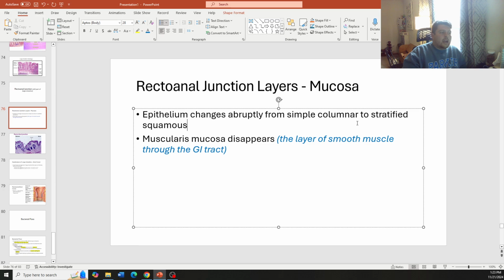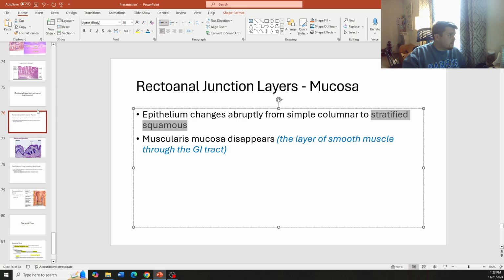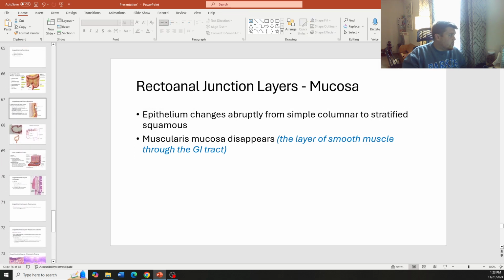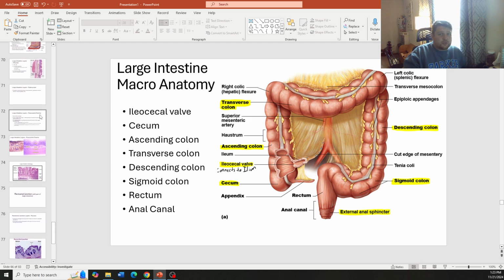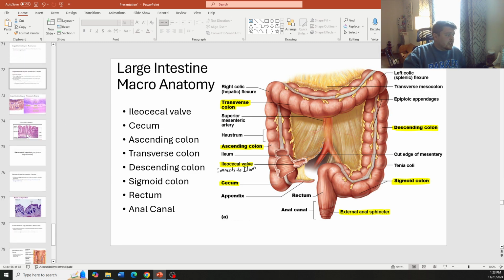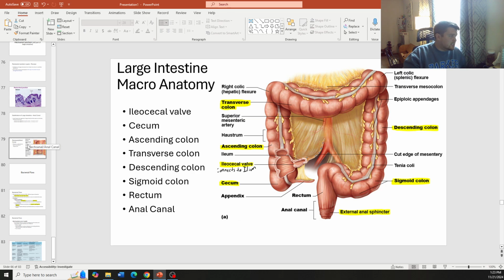And we always think, why stratified squamous? Well, now we've removed all of the liquid from it. And as you can see, we are condensing down, so we're getting a smaller amount of space. So it's more likely that stuff will be contacting the sides, pushing against them, and it's a little bit drier than the rest of the large intestine.